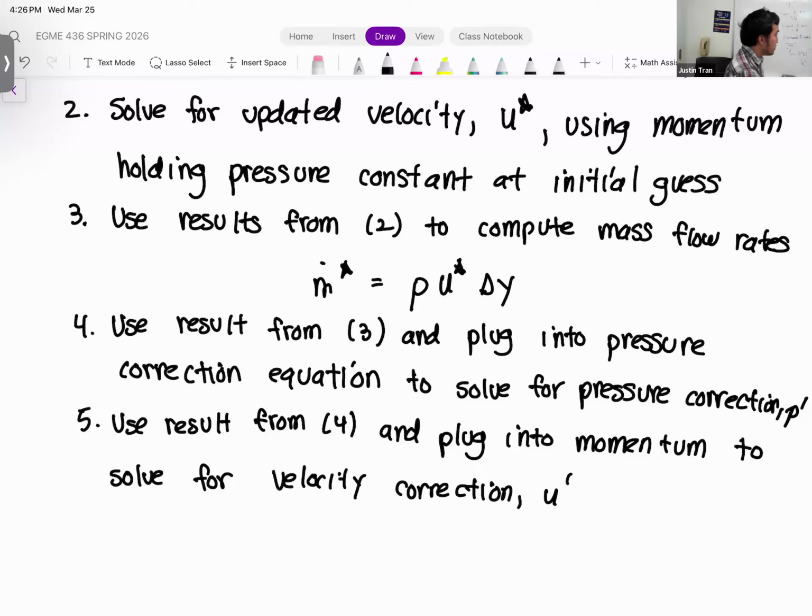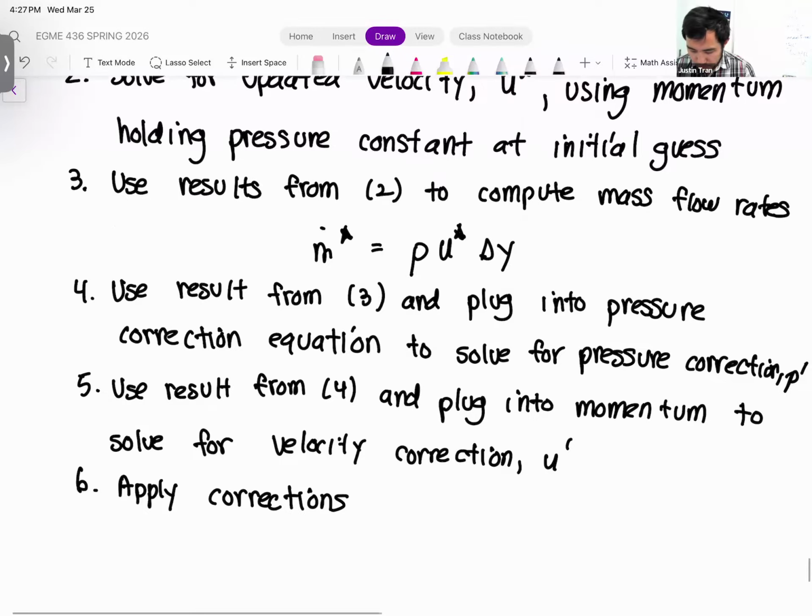After step 5, you'll have both the pressure correction and the velocity correction.